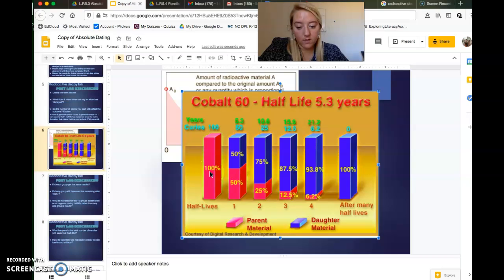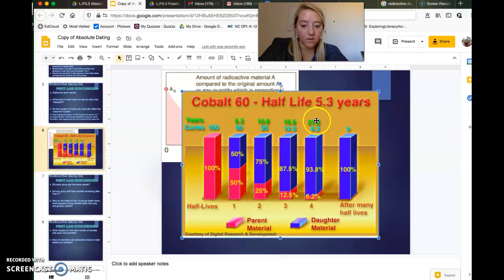If you can see in my graph here, when we first start, we've got 100% of that parent material. But then as time moves on, we get a 50-50 ratio in our first half-life. And then as time continues to pass, we get a 75-25% ratio, because half of the unstable isotope split and joined the other half, and then we split this further into half, which is 12.5, and split this into half, which is 6.2, and it continues to go down until you have no more of the parent material left.